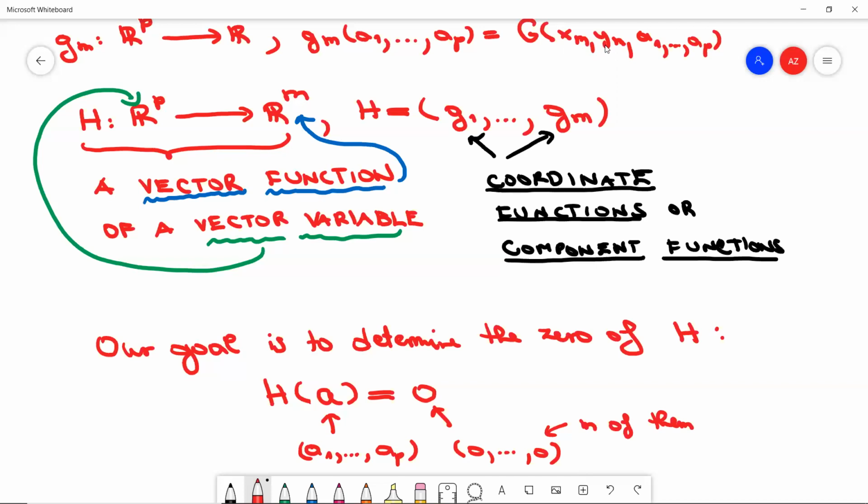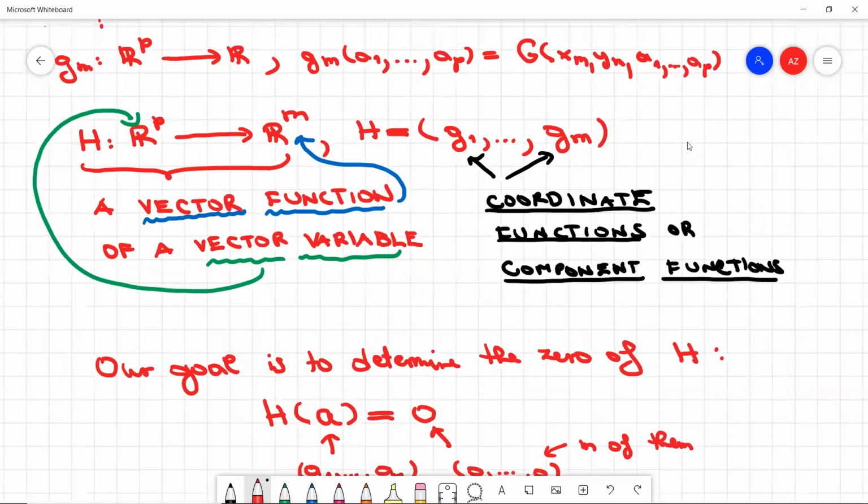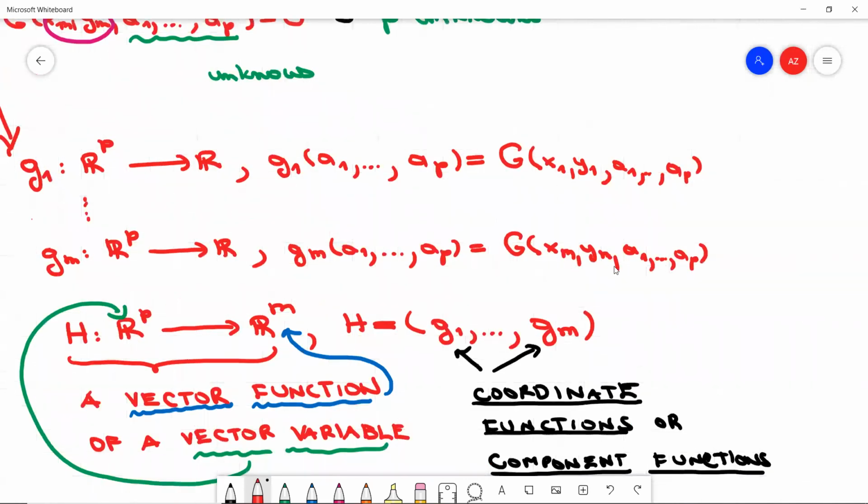And if the system is solvable, then we should get zeros at some parameters a1 up to ap. But notice that the first two coordinates are fixed, so they are not unknown. So the only unknowns are a1 up to ap.